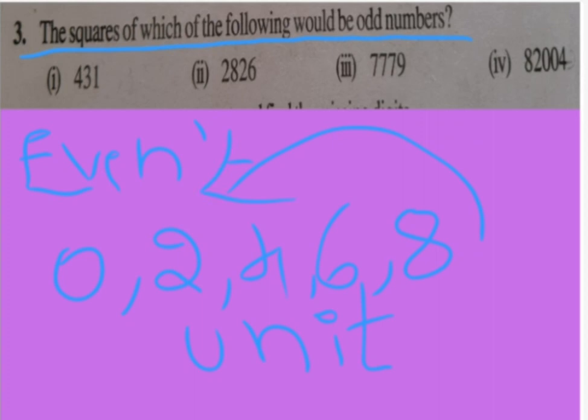In the given 4 examples, 2,826 and 82,004 have even numbers in the unit place. So these two numbers are even numbers, and when we square them, we are going to get even numbers as the answer.